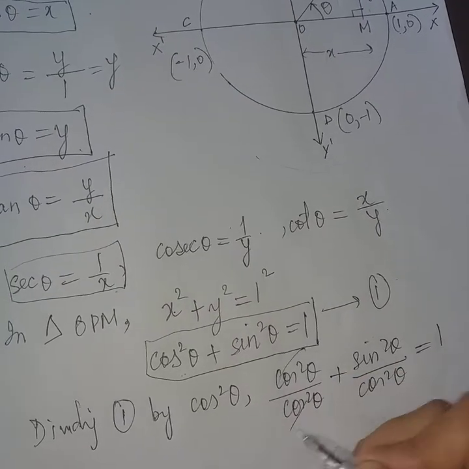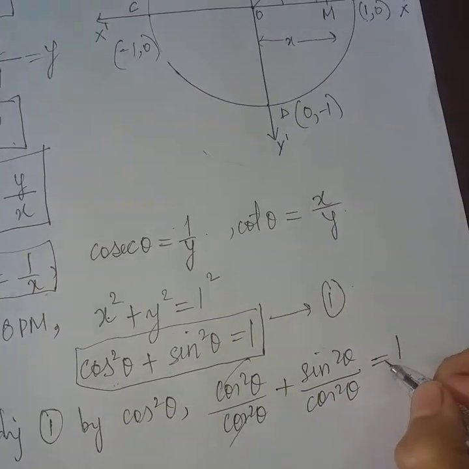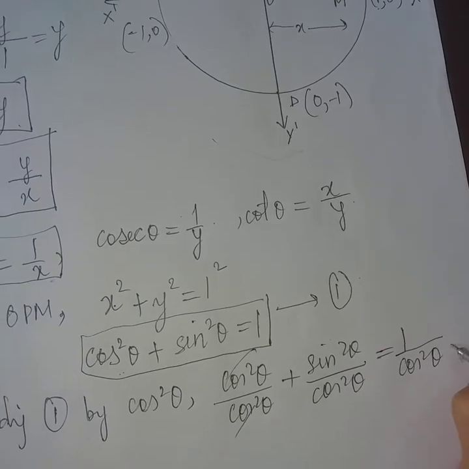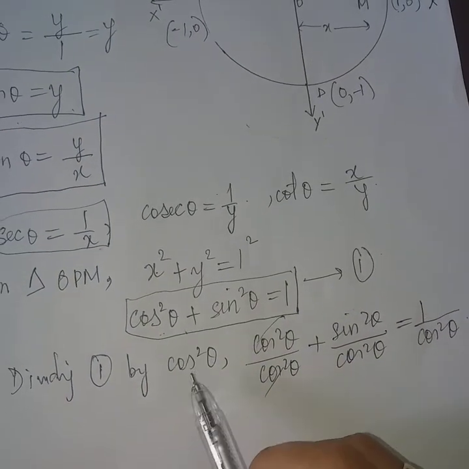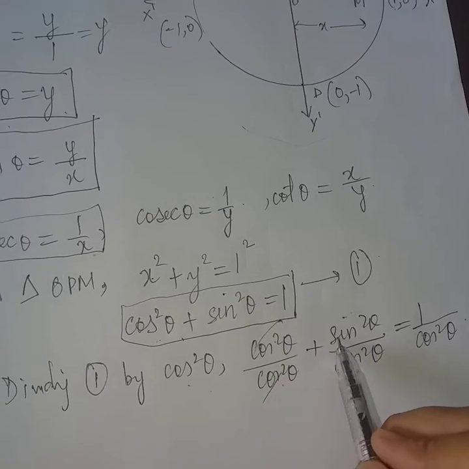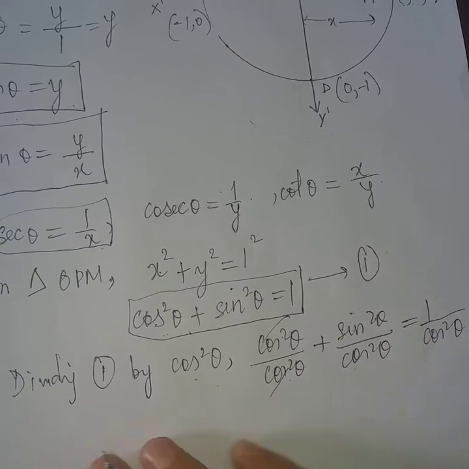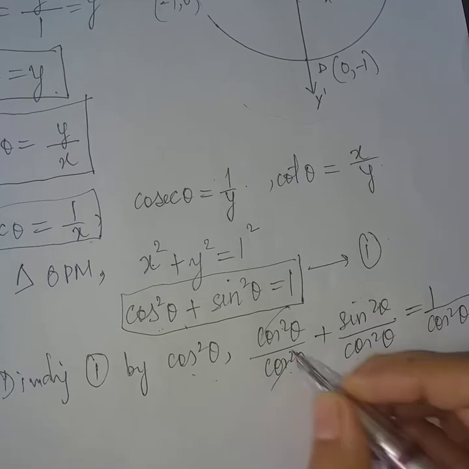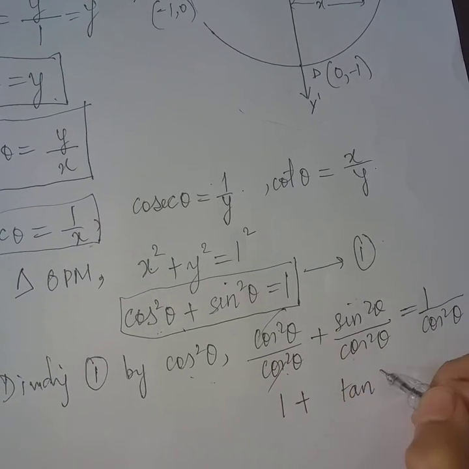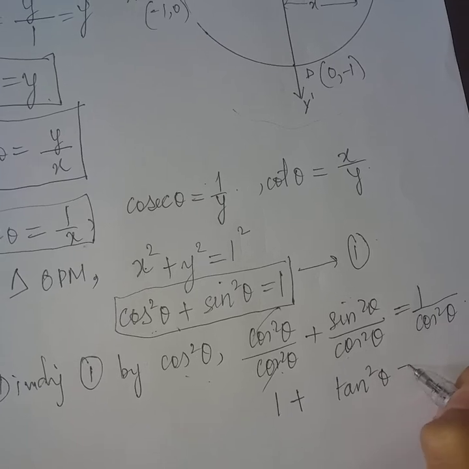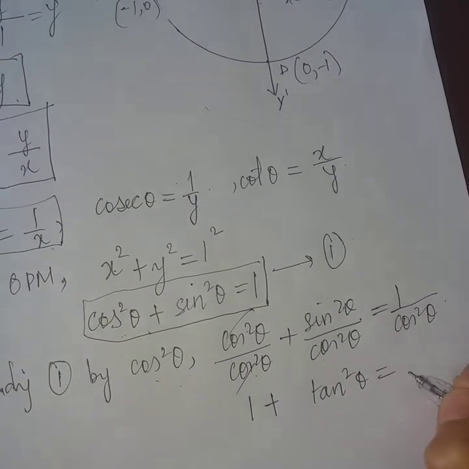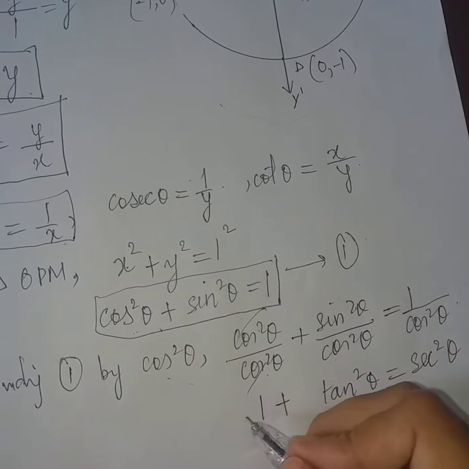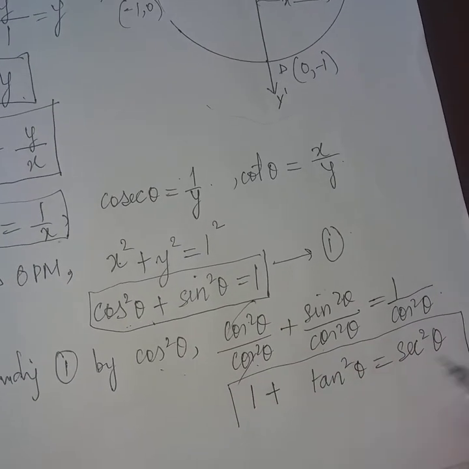Now cos square theta and cos square theta get cancelled. Sin square theta by cos square theta, we know sin theta by cos theta is tan theta. So this is 1 plus tan square theta is equal to 1 by cos square theta, which is sec square theta. So we get the second identity.